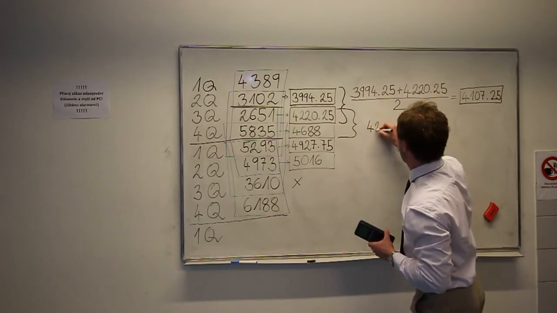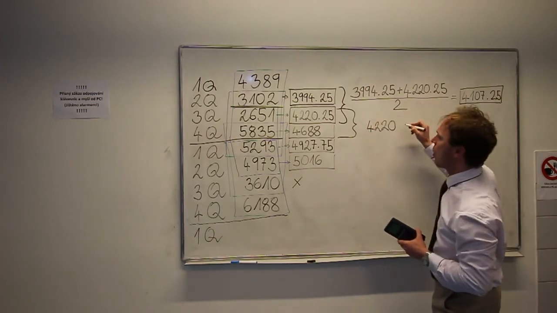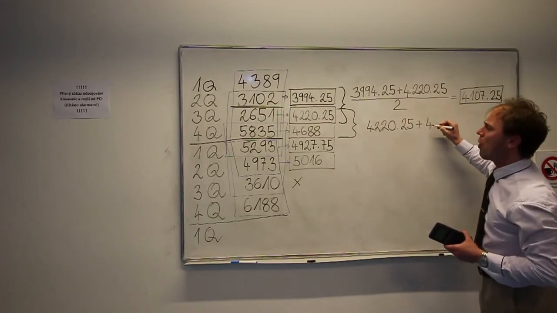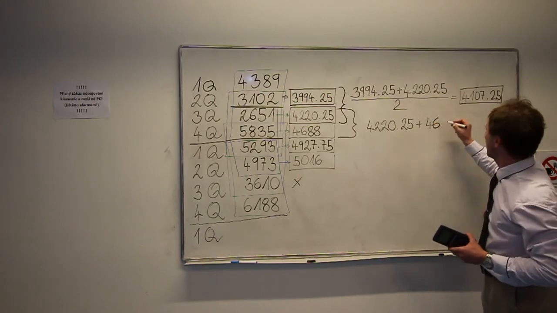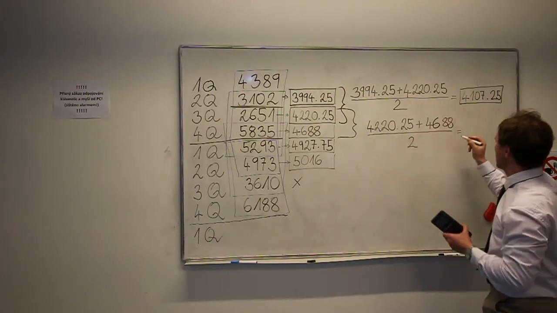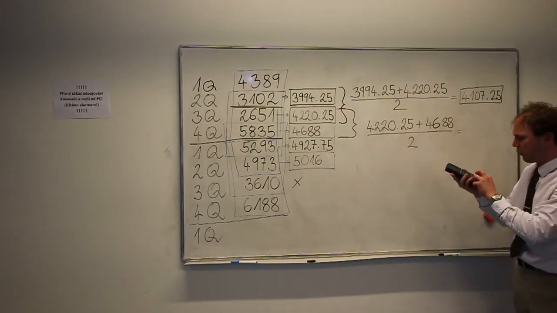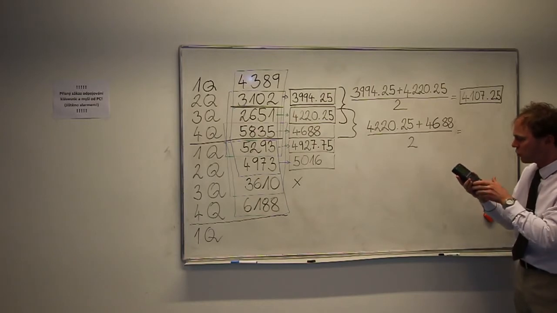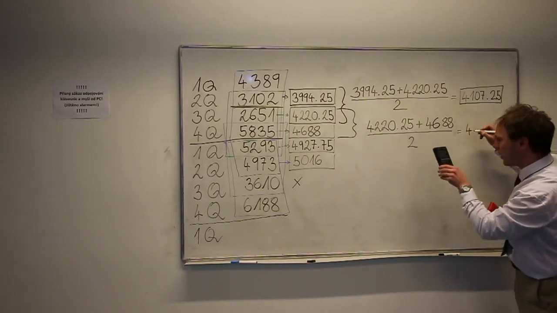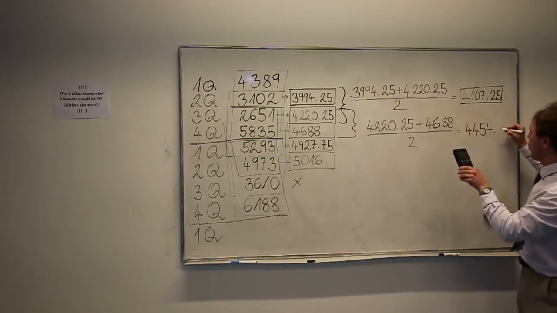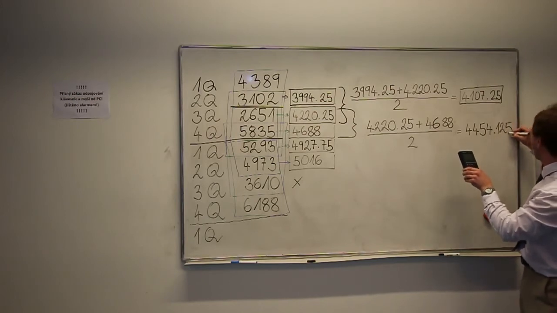4,220.25 plus 4,688 divided by 2 equals, and the result is 4,454.125.